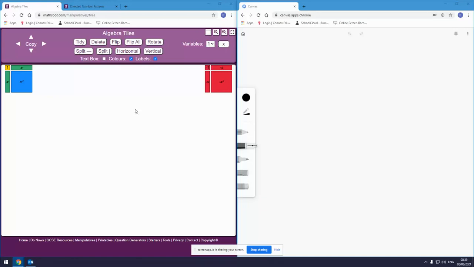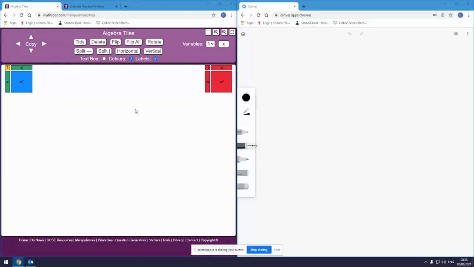Now, my model for factorization is going to be the same as it was throughout pupils' learning. So when they were learning to factorize numbers, prime factorization, and factorization of linear expressions. If you haven't watched those videos yet, you may want to start with those because some of that will be referenced in this video.